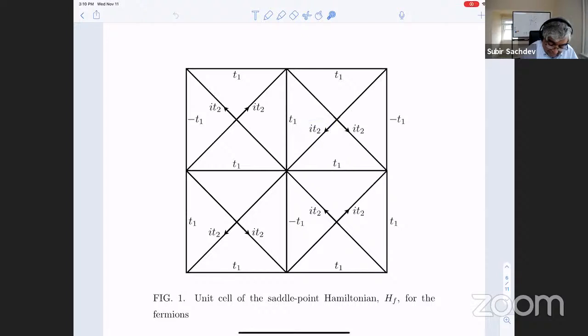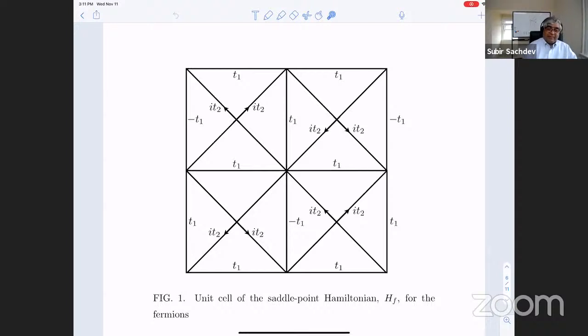You get an i and a plus and a plus. Anyway, pick any small right triangle like this. There's 4 in each square, and all of them clockwise give you a pi over 2 phase. So basically, this is like a Hofstadter problem where there's a uniform flux of pi over 2 in every small right triangle.